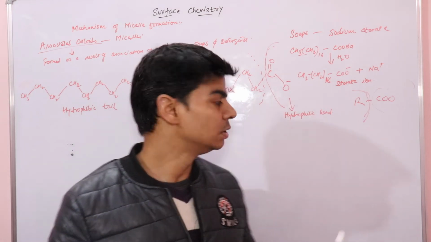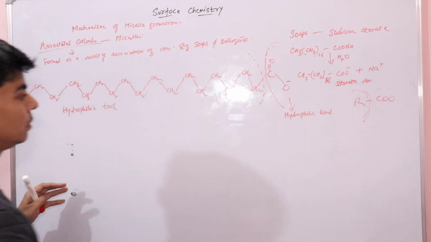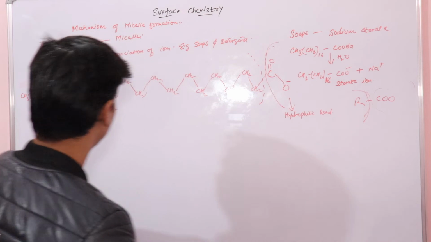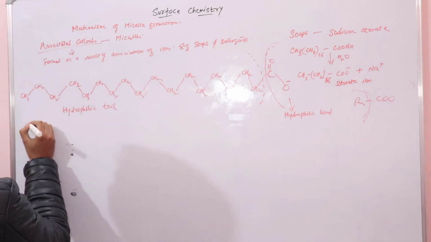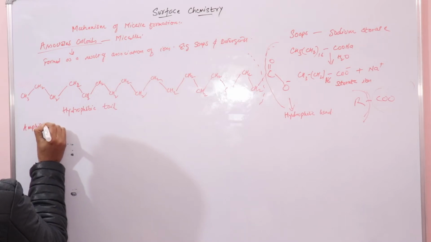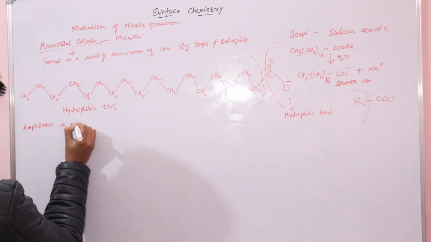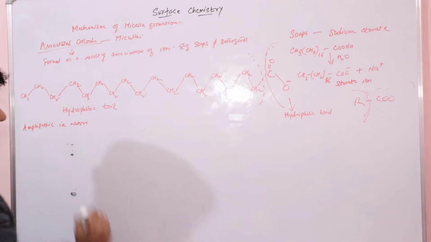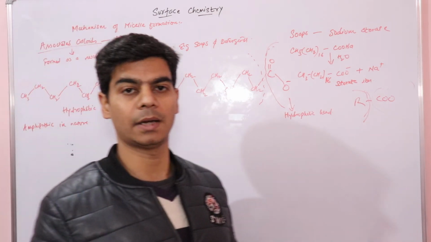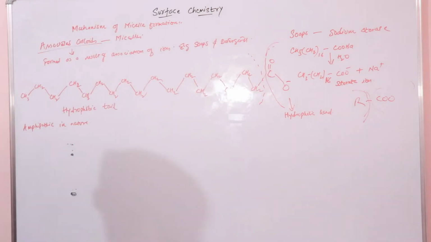Both feelings, so it has both kinds of ends, hydrophobic end and hydrophilic end. Amphipathic in nature means it has both hydrophilic and hydrophobic end. These kinds of ions are amphipathic in nature.